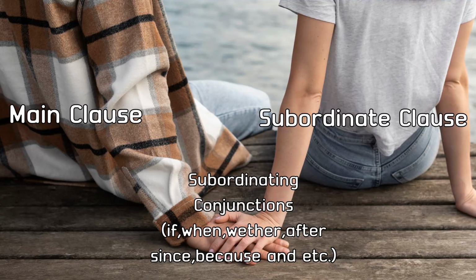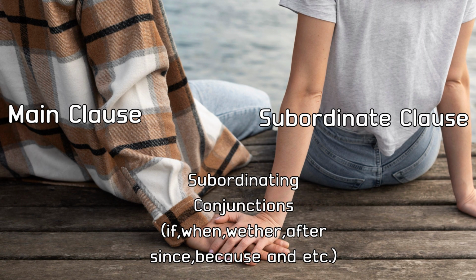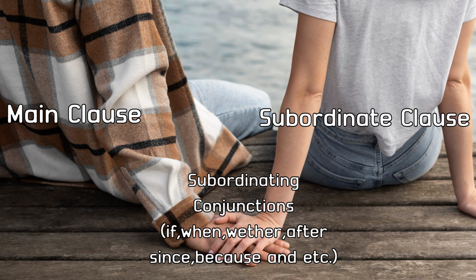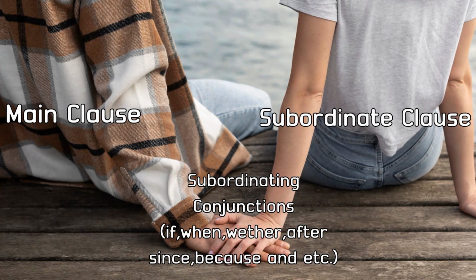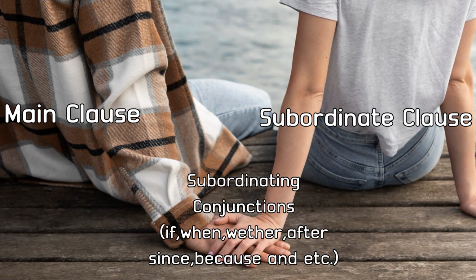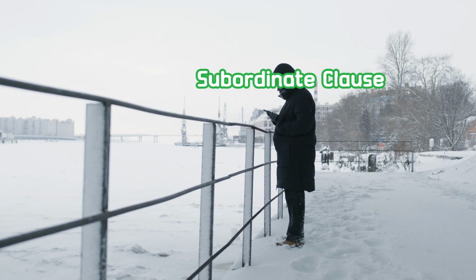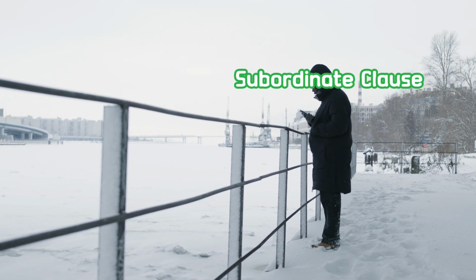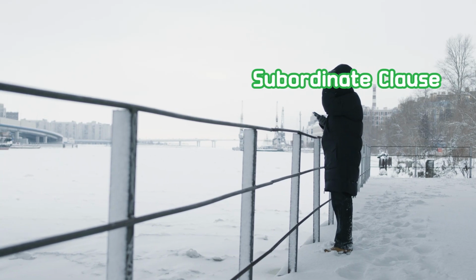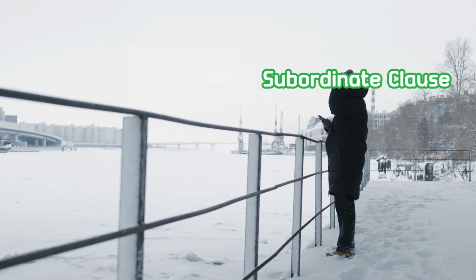These clauses are linked by subordinating conjunctions such as if, when, whether, after, since, because, and etc. The subordinate clause cannot stand alone as a sentence. It is made dependent on the main clause.